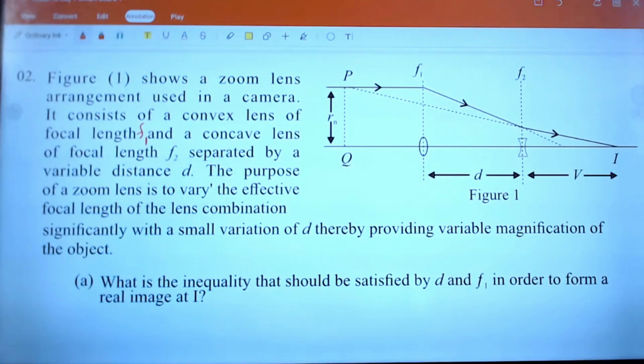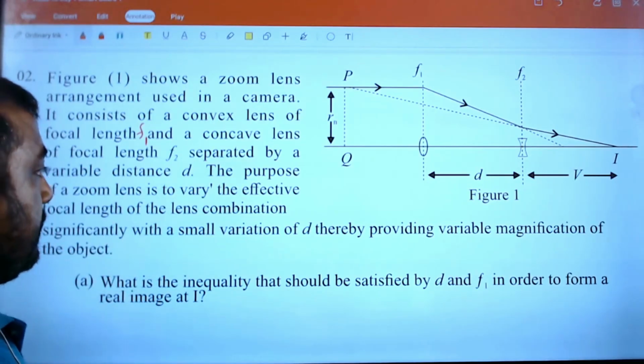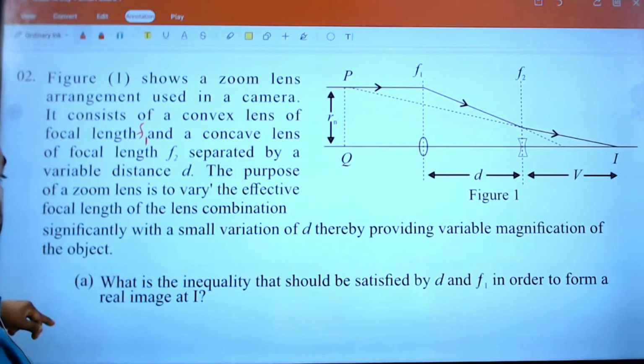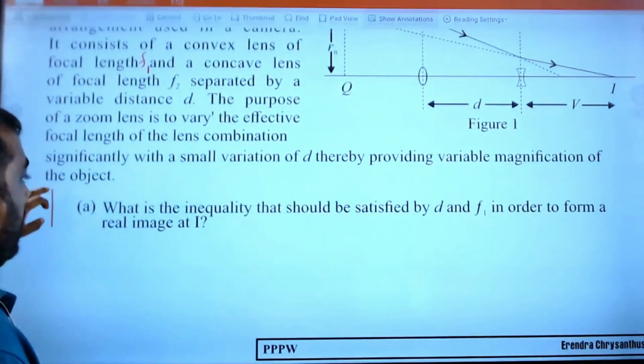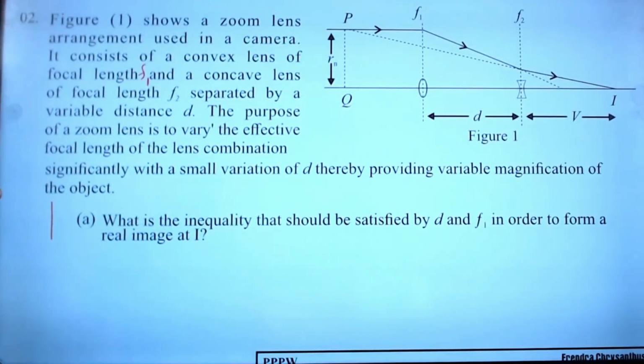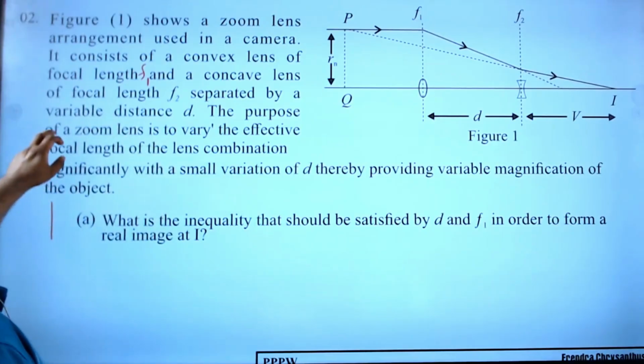The purpose of the zoom lens is to vary the effective focal length with a small variation of d, providing variable magnification of the object. What is the inequality that should be satisfied by d and f1 in order to form a real image?